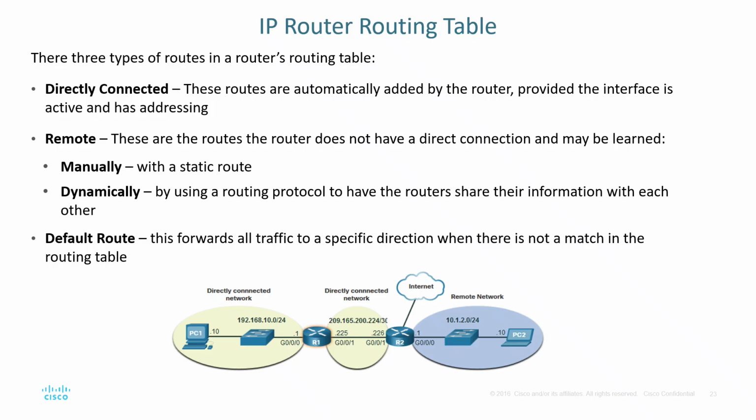Router 1 has this network directly connected. It also has this network directly connected. Router 2 also has directly connected networks.